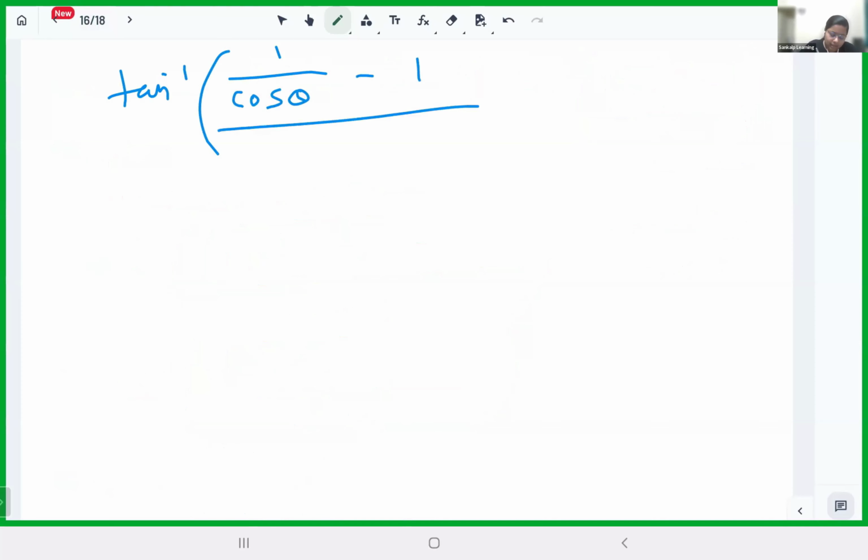So, I am going to write sec theta as 1 by cos theta, because the reciprocal of sec theta is cos theta, right? Then there was a minus 1, then tan theta, which we can rewrite as sin theta by cos theta. Now simplify this one.